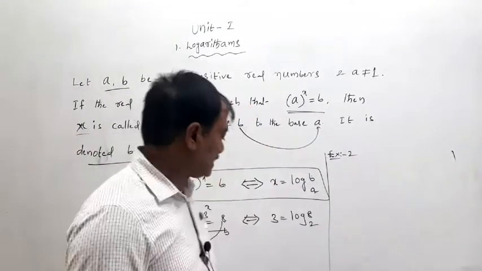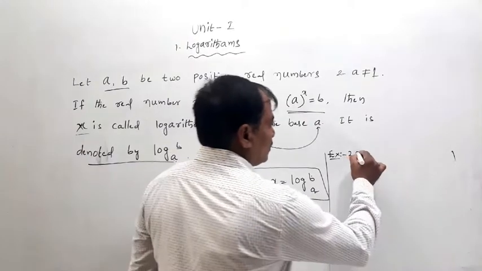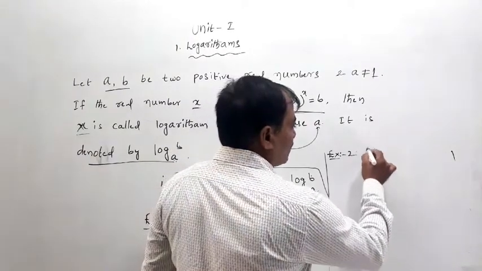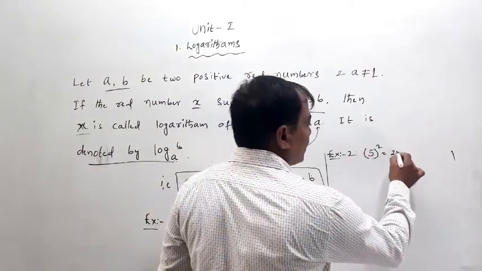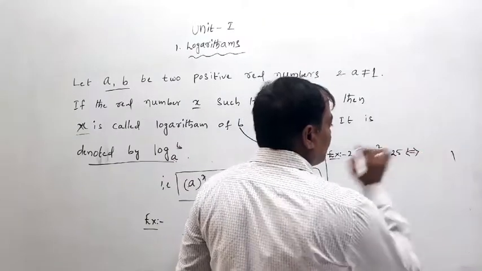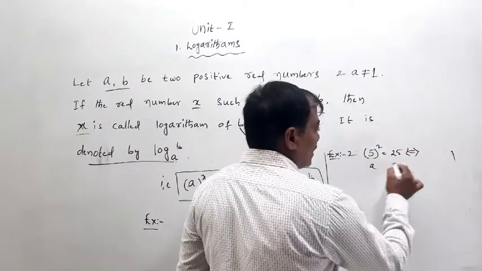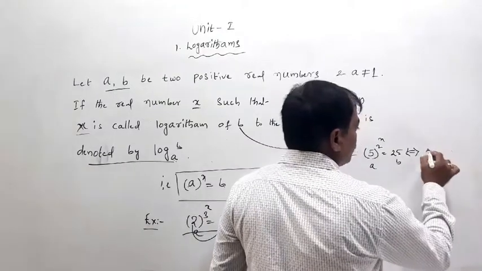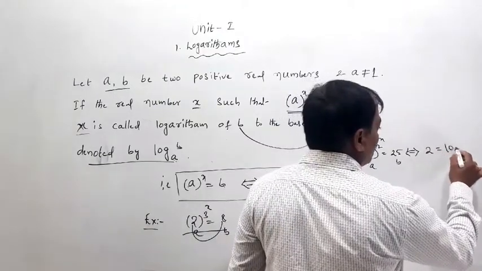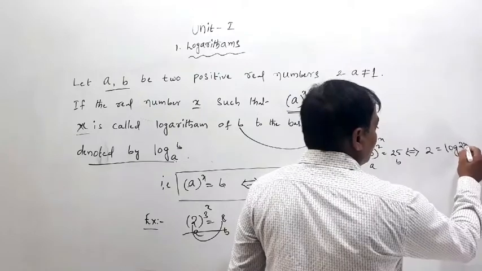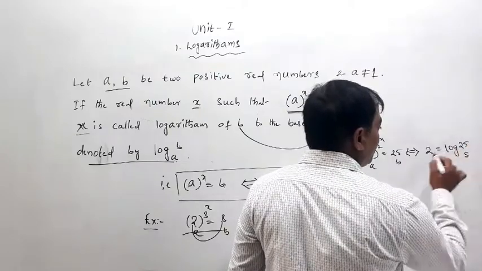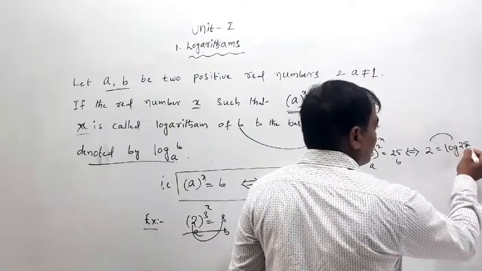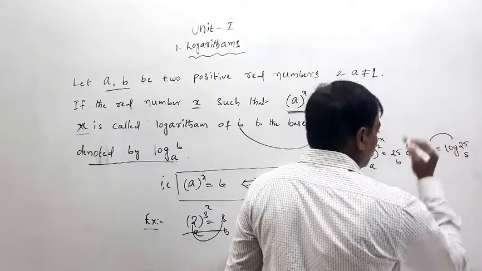We are taking some more examples. 5 square equals 25 if and only if, where this is a, this is b and this is x, logarithm of 25 to the base 5 equals 2.